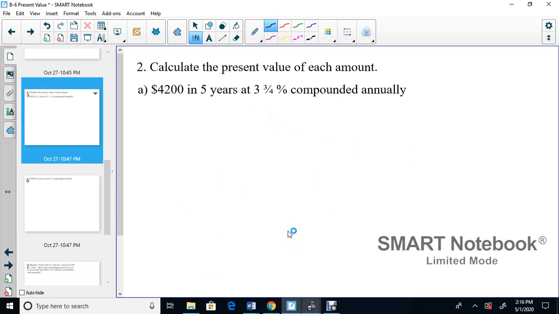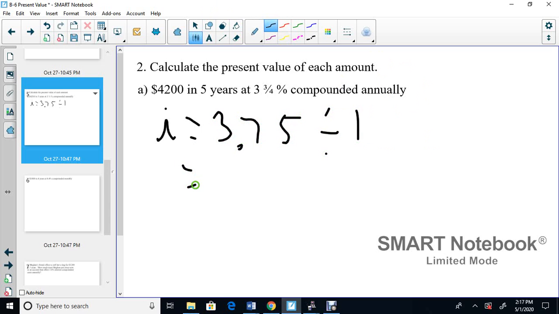Okay, let's go to 2A. Calculate the present value of each amount. A, 4,200 in 5 years at 3 3/4%, compounded annually. We're going to do the same as before. I equals 3 3/4, which is 3.75, or you can use your calculator, divided by 1 since it's compounded annually.